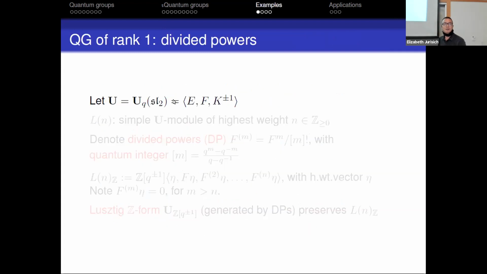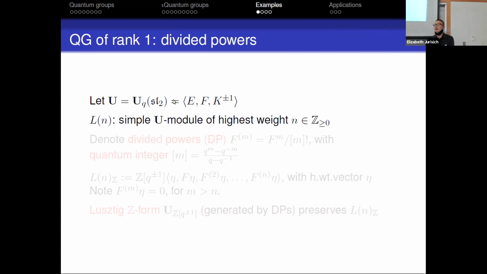Okay, now in the remaining time I basically want to show you some examples and give you some applications, which are not necessarily the most important ones, but I hope are easier for the audience to see. So let's recall quickly the usual rank 1 quantum group, quantum sl2, and the integral structure here.